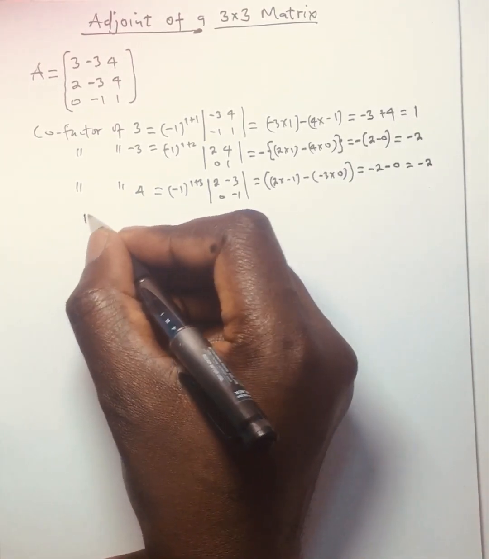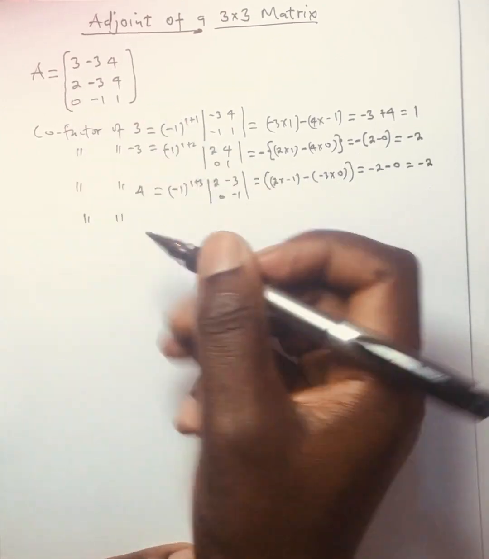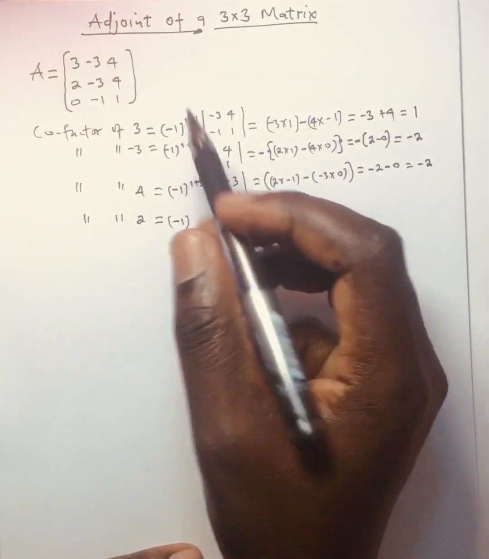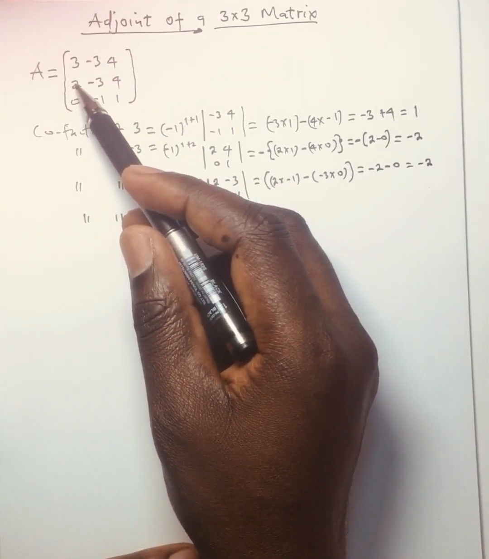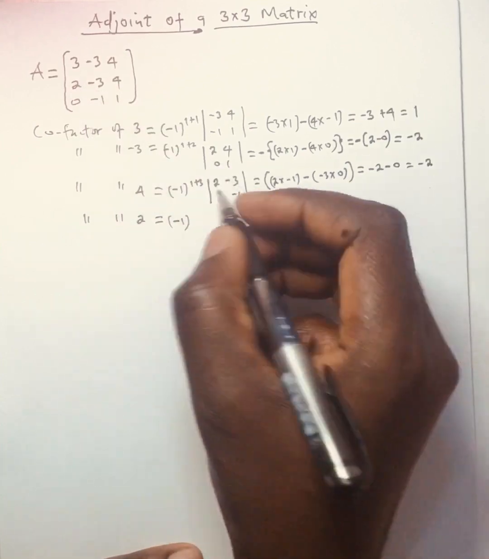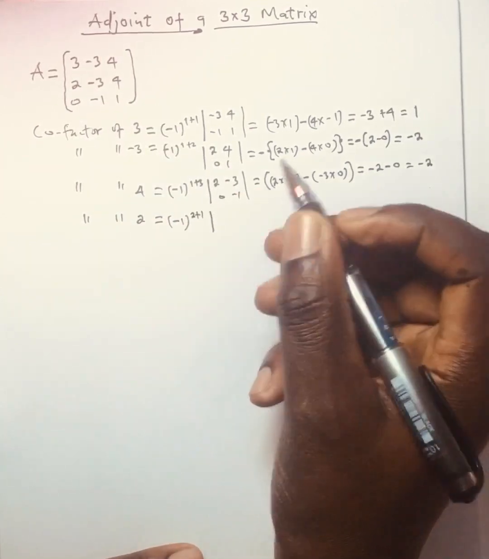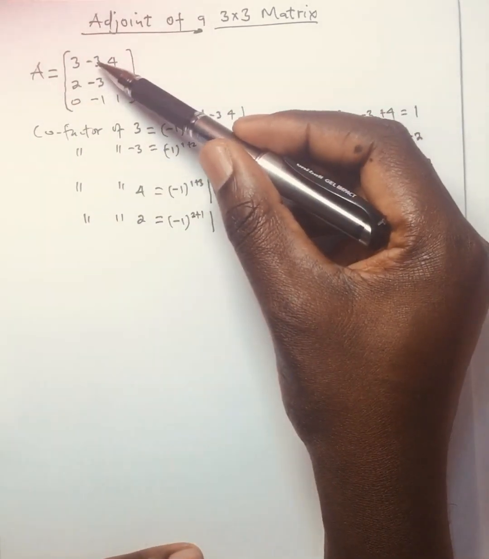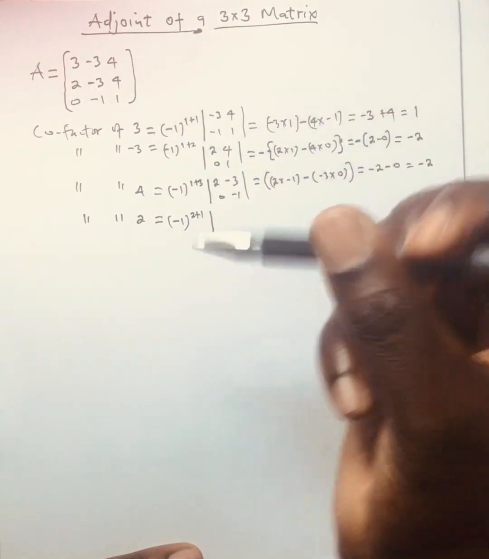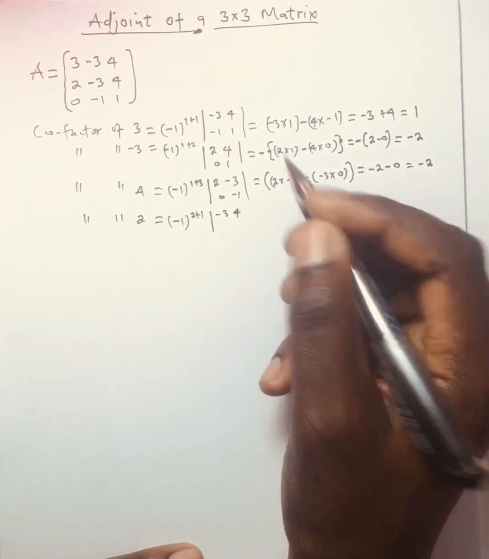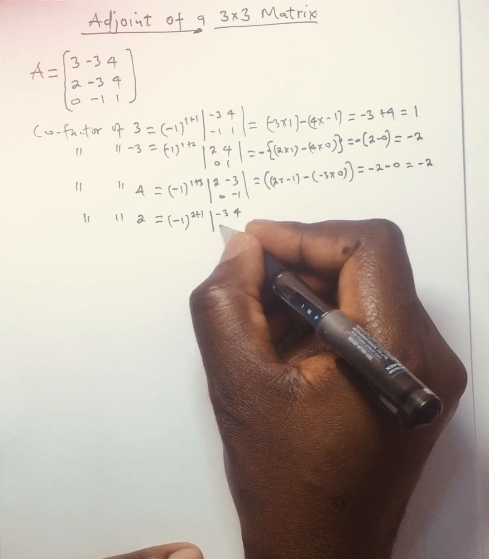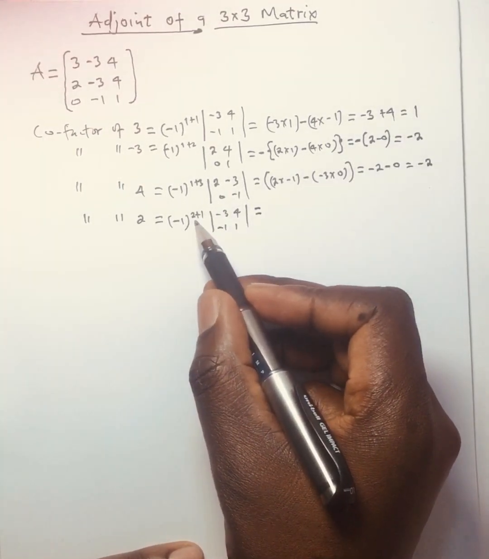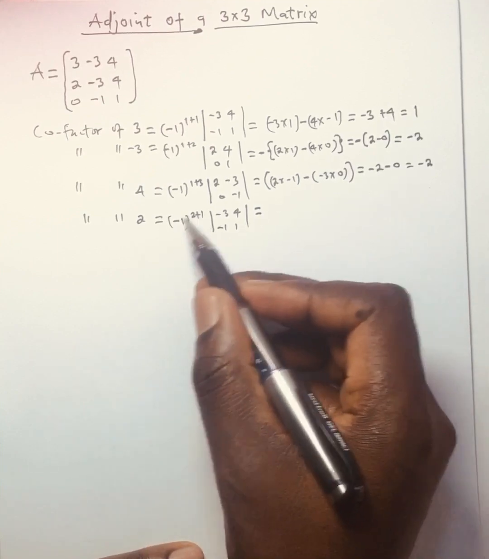Let's go for the cofactor of the next one, which is 2. This is negative 1 raised to the power of 2 plus 1, since 2 is in row 2, column 1. When you cover its row and column, you're left with the matrix negative 3, 4, negative 1, 1. Because the power is 3, which is odd, the negative will hold.